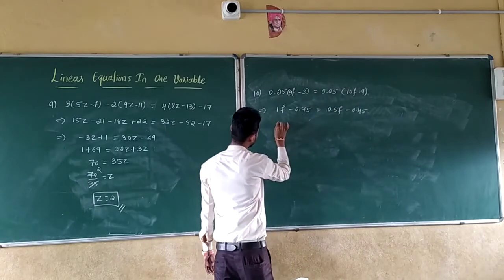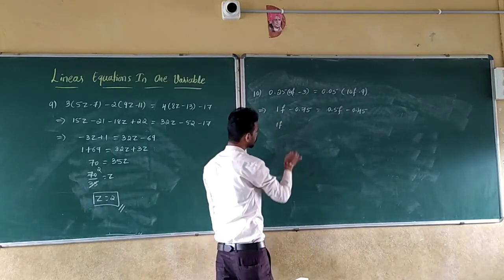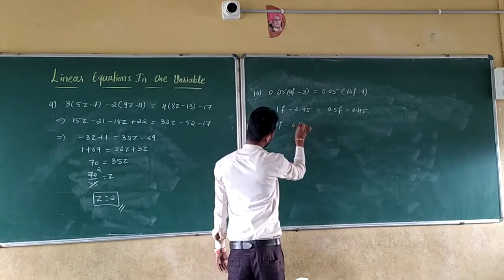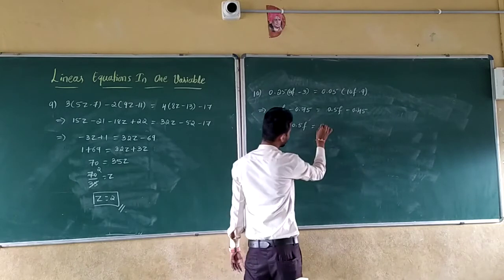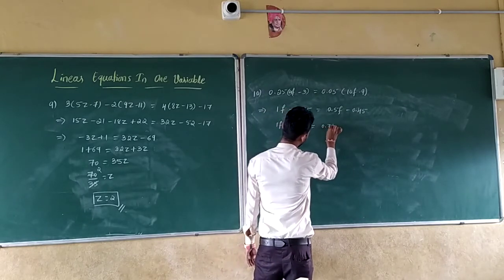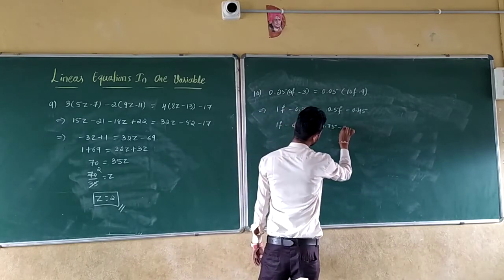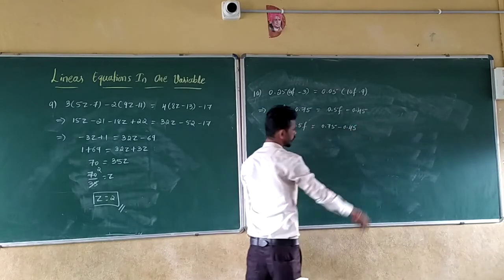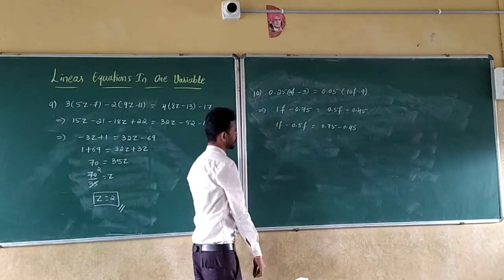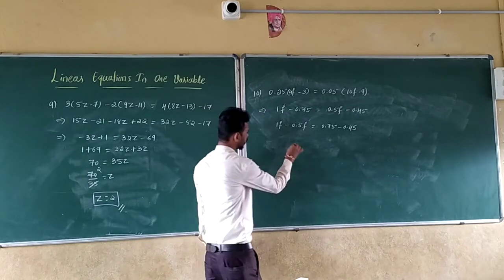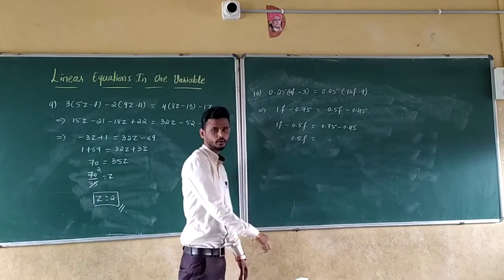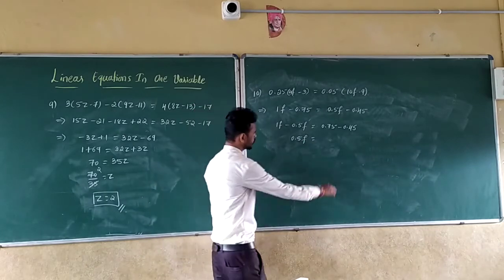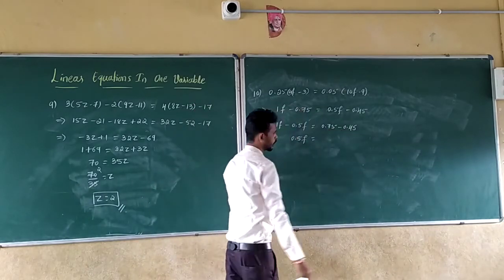So what we will get? 1f minus 0.5f, which is equals to minus 0.75 become plus 0.75 minus 0.45. So 1f minus 0.5f, how much will you get? 0.5f. 1 minus 0.5, we get 0.5, which is equals to 0.75 minus 0.45.